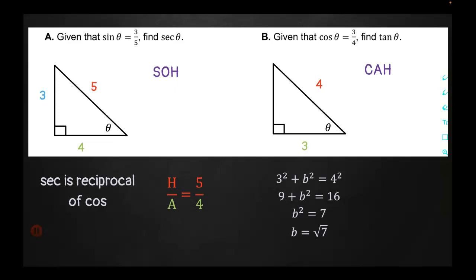We can plug in the information that we know, doing a little math and algebra, taking the square root of b. So my opposite side is going to be the square root of 7. Now I want to find tangent, which is opposite over adjacent, so I can plug in the square root of 7, and then I have my adjacent side, which was 3.